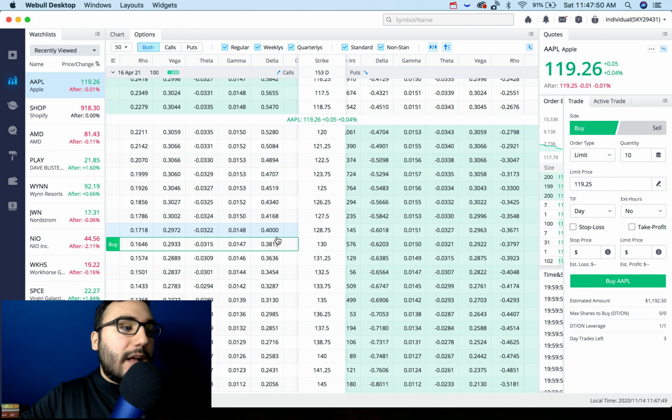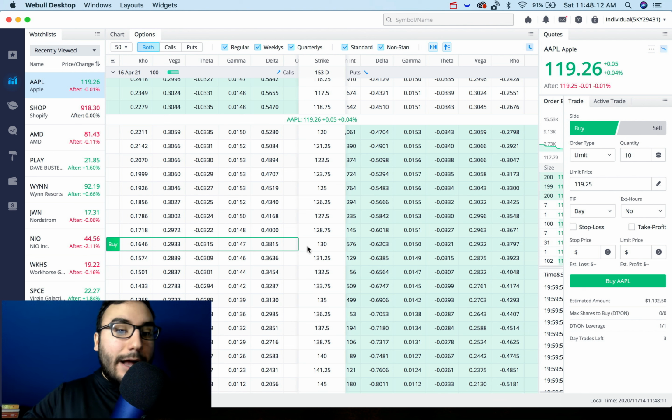You can also use delta to estimate an option's probability of expiring in the money. So what's Apple's probability of getting to $130 by April 16th, 2021? About 38%. That's what the delta says here, 0.38.